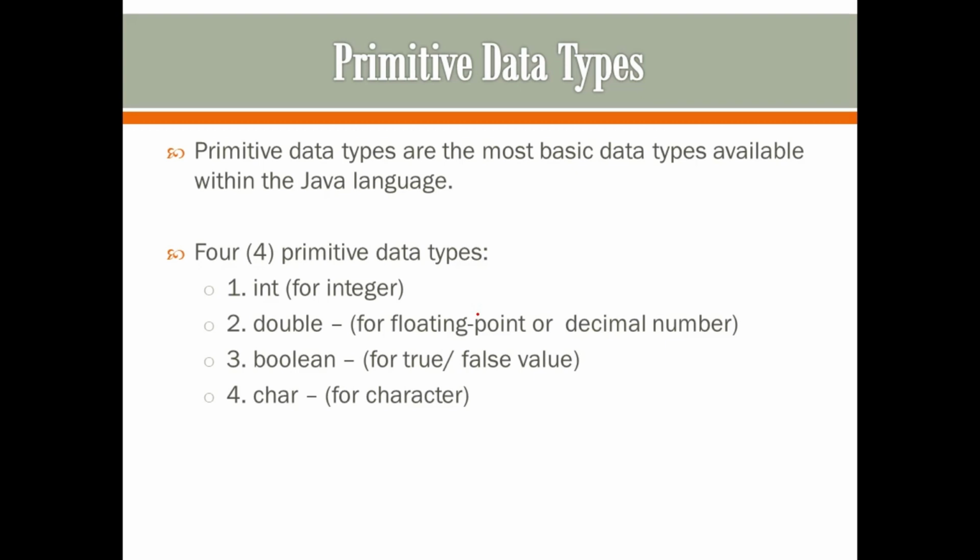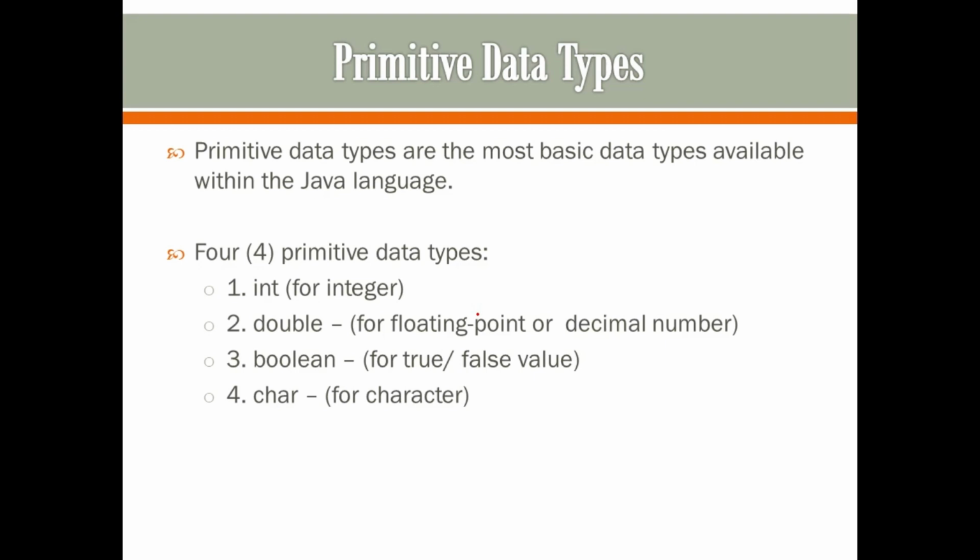What's a primitive data type? Primitive data types are the most basic data types available within the Java language. It means the value that the variable holds.